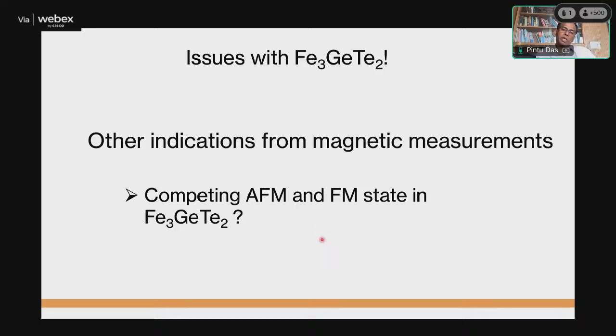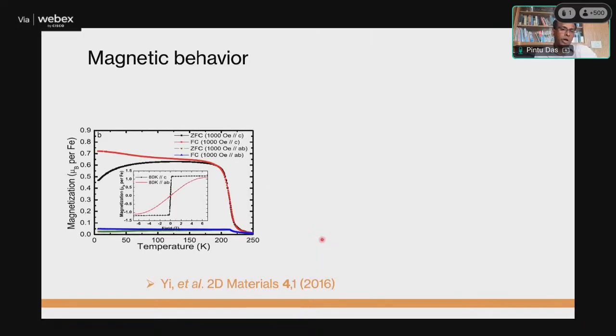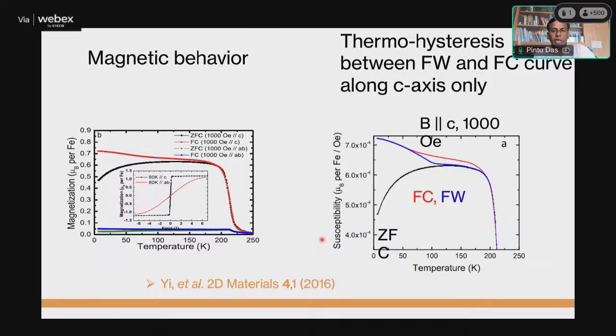One of the problems with iron germanium telluride, the system which I have already shown, is that people have reported this is a ferromagnetic system. But there are two or three reports where people have found very intriguing behavior, like a thermal hysteresis loop, and people have considered that this is possibly because of some kind of competition between a ferromagnetic and an antiferromagnetic ground state in the system.